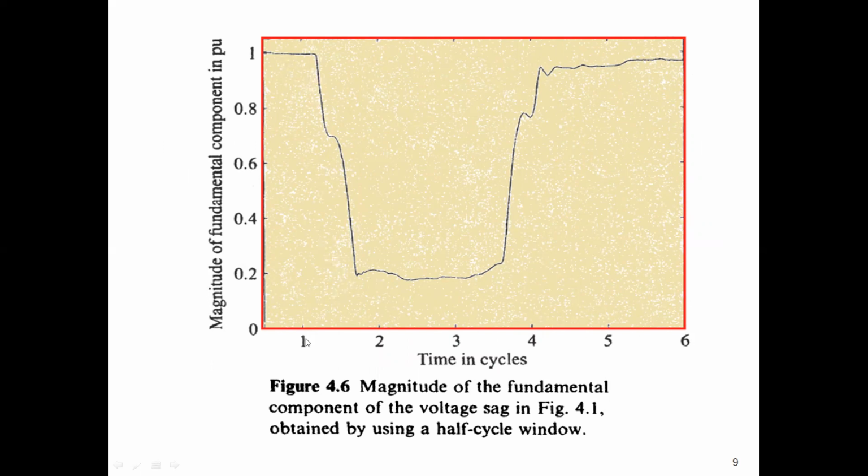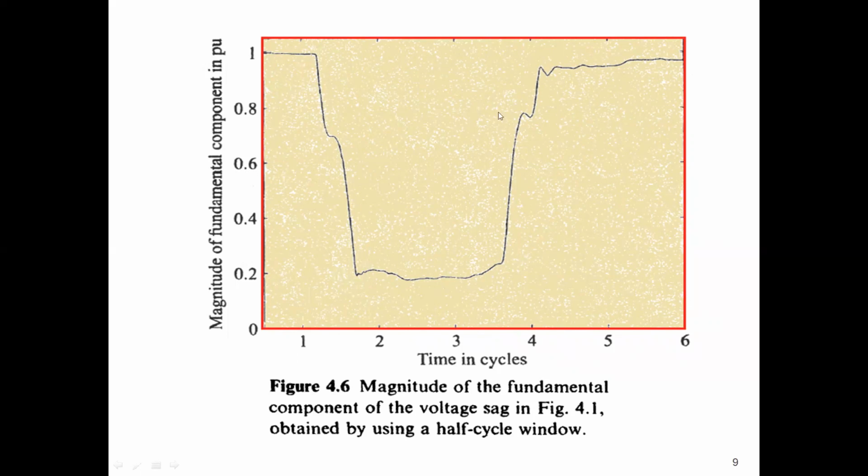If you recollect the previous one, the time duration from the instant of the fault to this particular 20% is more when compared to this. Here it's not even half a cycle. From here to here is one cycle, whereas the duration from pre-fault to fault is not even one full cycle.